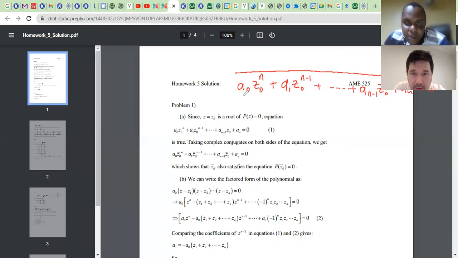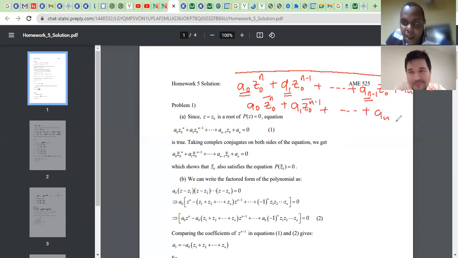Because all these coefficients are real, they won't change. So it's going to be A naught, Z bar to the N, A1, Z naught bar to the N minus 1, all the way up to AN, equals 0 bar. But 0 is a real number, so it's just 0.